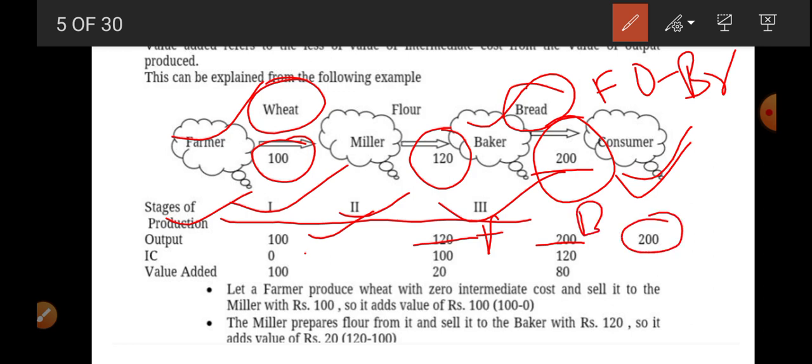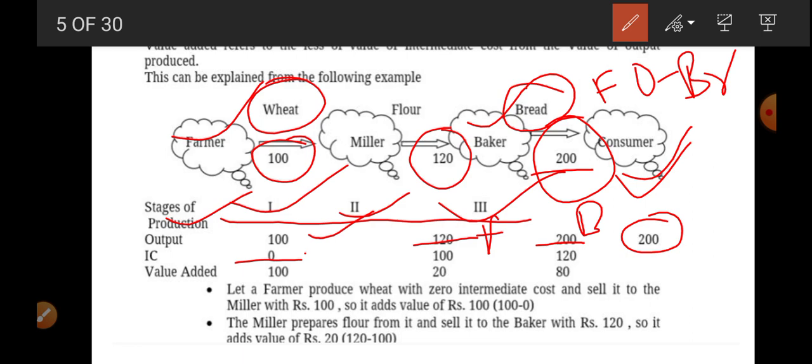Okay, now we talk about intermediate consumption, that is, what expenditure is made by these production units. If I talk about the farmer, I already told you that the farmer has made use of his own input. So he has not purchased anything from the market. So here intermediate consumption or expenditure on purchase of input is 0.